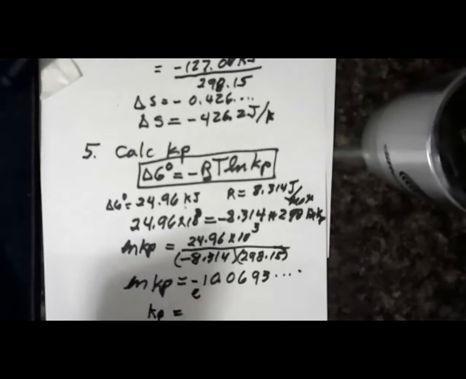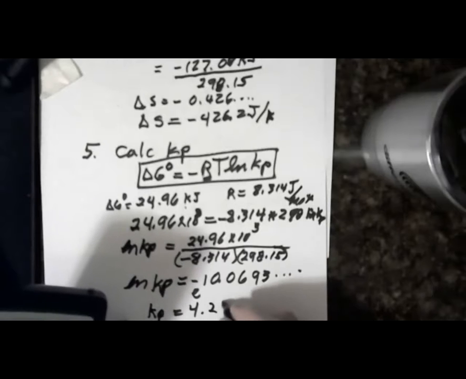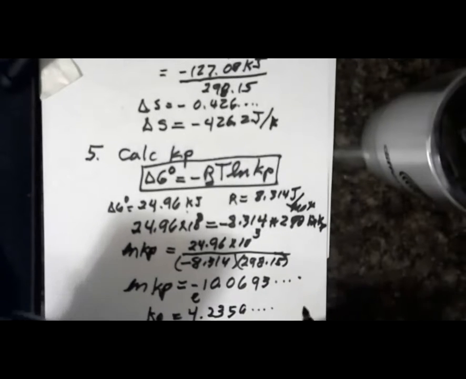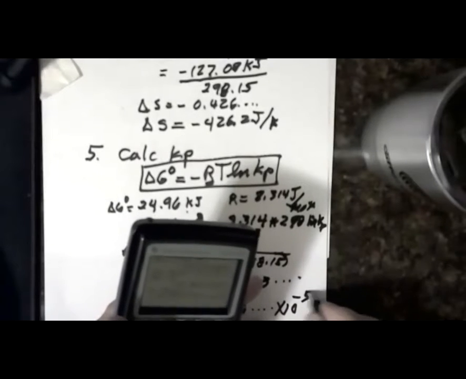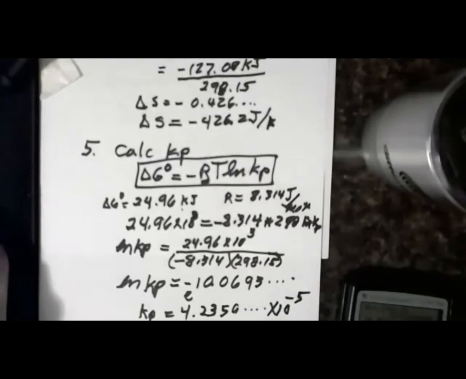And I do, I get 4.2359, whole bunch of digits, times 10 to the minus fifth. So that should be the correct answer. So let's go over here and take a look.